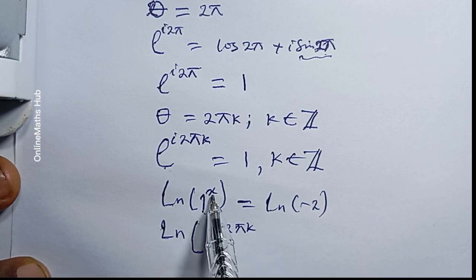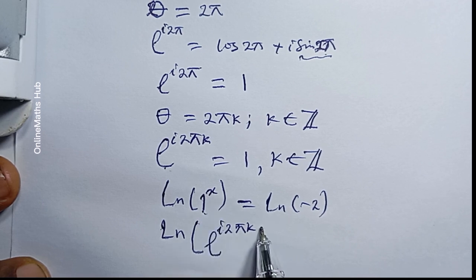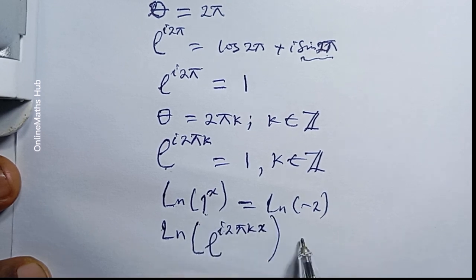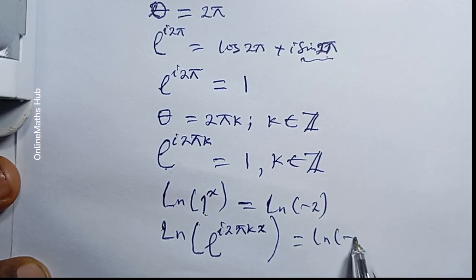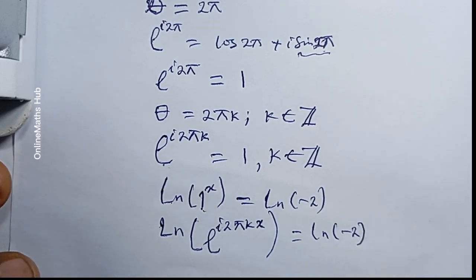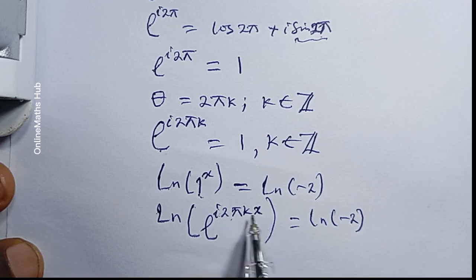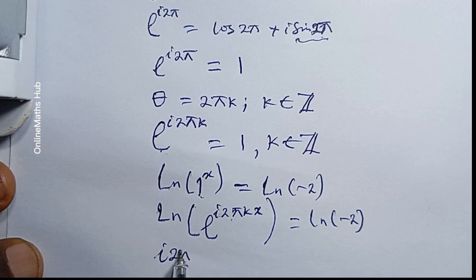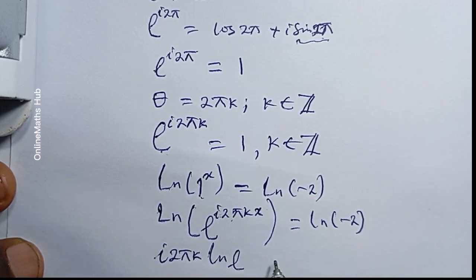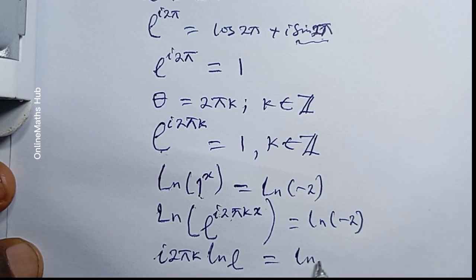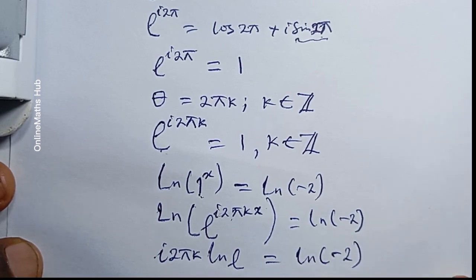Then I'm going to use this x to also multiply this power, so that I have x right here equal to the natural log of -2. Applying the property of natural log, I'm going to bring down these powers right here. So I have i 2 pi k times the natural log of e equal to the natural log of -2.